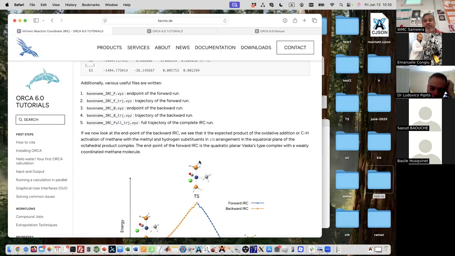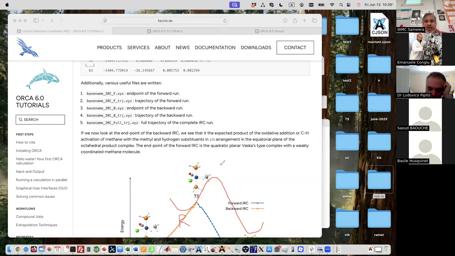So after computing the reaction path, potential energy surface, let me try to draw it. Okay, so here I can draw. Let's assume you get a situation like this.